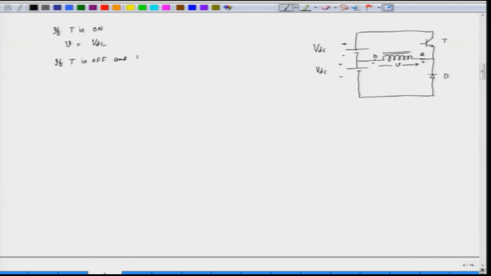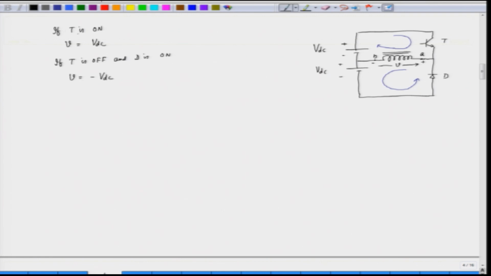and D is on, the current, which was earlier flowing when the transistor was on from the battery through the transistor and the winding, will continue. Since the inductance is present here, if we switch off the transistor, the diode will come into conduction. So, the current will freewheel like this. When the diode is on, V is equal to minus VDC and the current decreases.